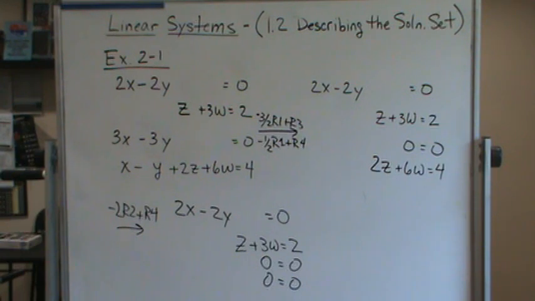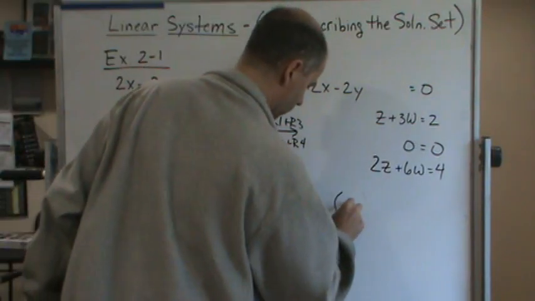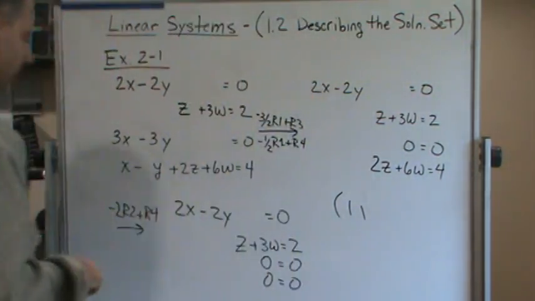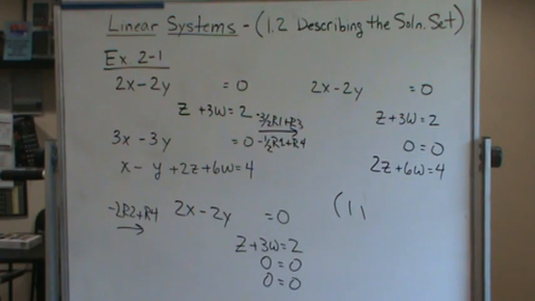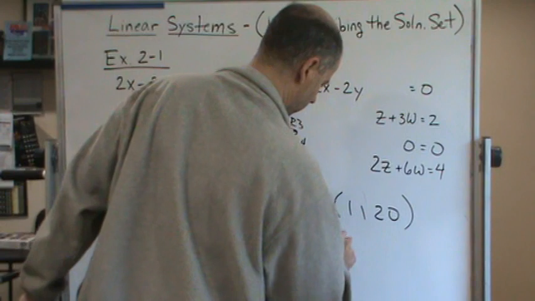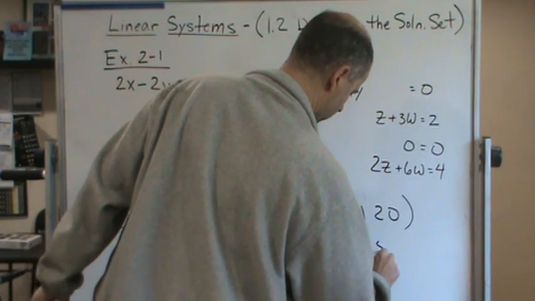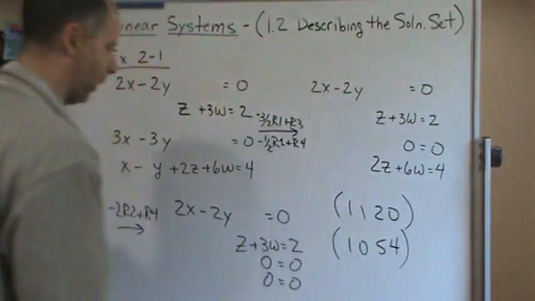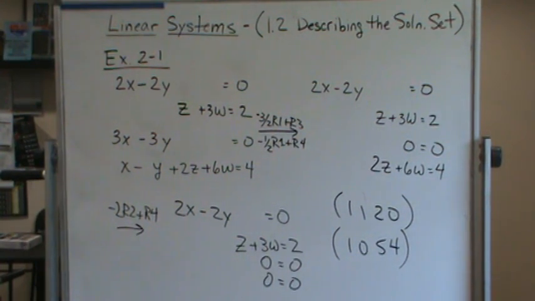Now, if we look at some 4-tuples, for example 1, 1, 2, 0, and then 1, 0, 5, 4, we can see that the first 4-tuple, 1, 1, 2, 0, is a solution.